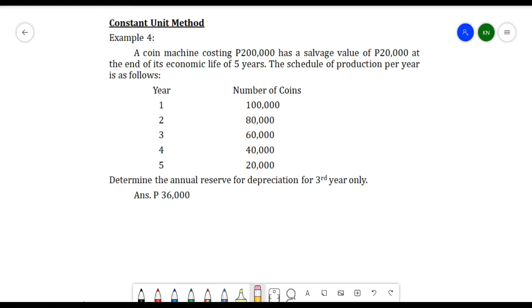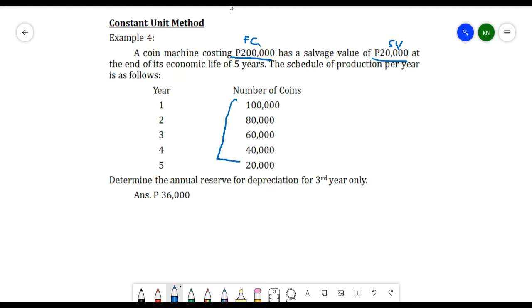So the last example we have is a coin machine costing 200,000 pesos, with a salvage value of 20,000 pesos at the end of its economic life of 5 years. So this is our FC, this is our SV, and this is its life.